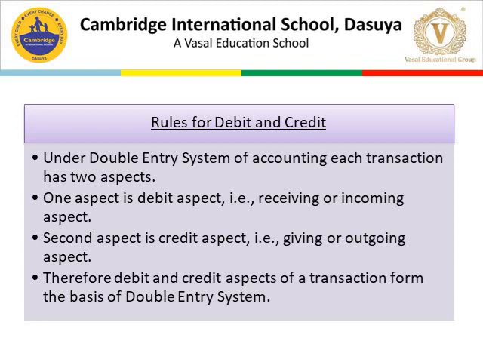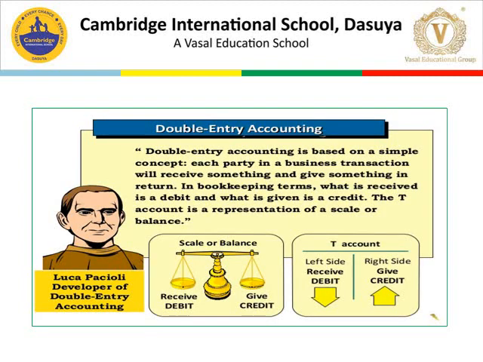It is very rightly said by Luca Pacioli, developer of double entry accounting. He said, double entry accounting is based on a simple concept. Each party in a business transaction will receive something and give something in return.